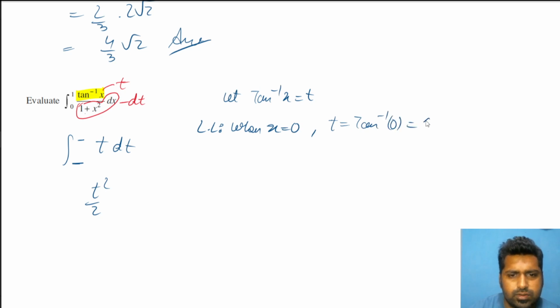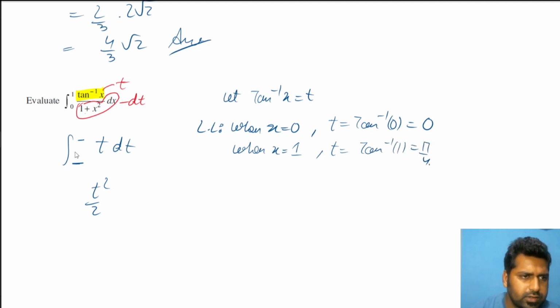What is tan inverse 0? 0. And when x is 1, then t is tan inverse 1, which is pi by 4. So this integration limit becomes, this was the lower limit, this was the upper limit. Okay, so this becomes 0 to pi by 4.